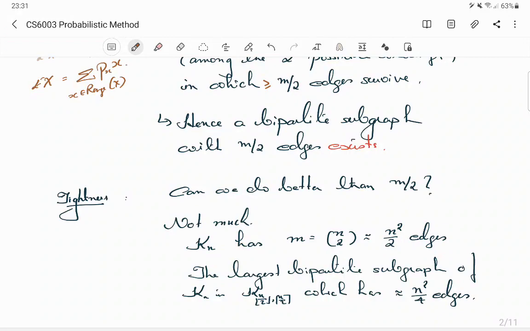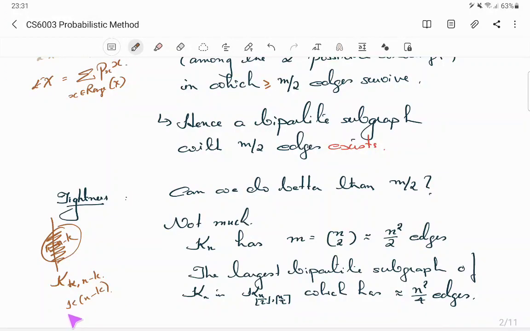You can verify that any bipartite subgraph is of the form K_{k, n-k}, for some little k. You take your complete graph and put k vertices on one side, n minus k vertices on the other side, and then retain all the edges which cross the partition, delete all the edges within a partition, and you can see that the number of edges in this case is k times n minus k.